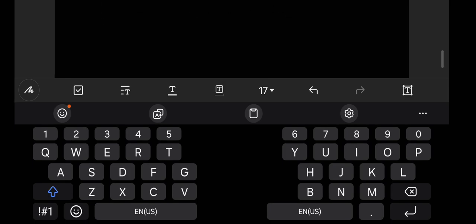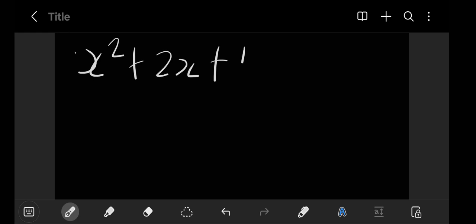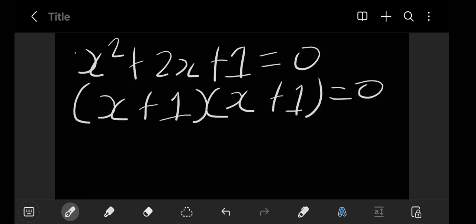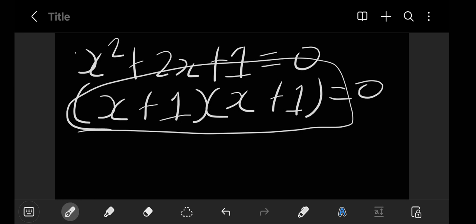If you had an equation x squared plus 2x plus 1 equals 0, then you open two brackets, so the factors here are x plus 1 and x plus 1 equals 0, and they are both the same at this point. So x plus 1 times x plus 1, therefore x is equal to -1. Equal roots only have one solution, and the solution here is x equals -1, right? So that's an example of having one solution.